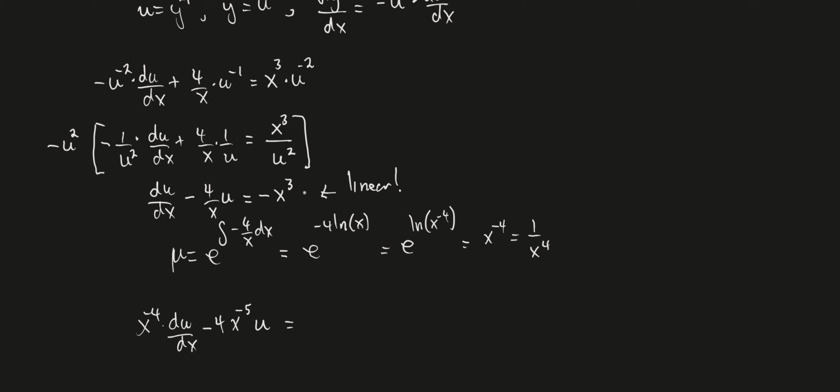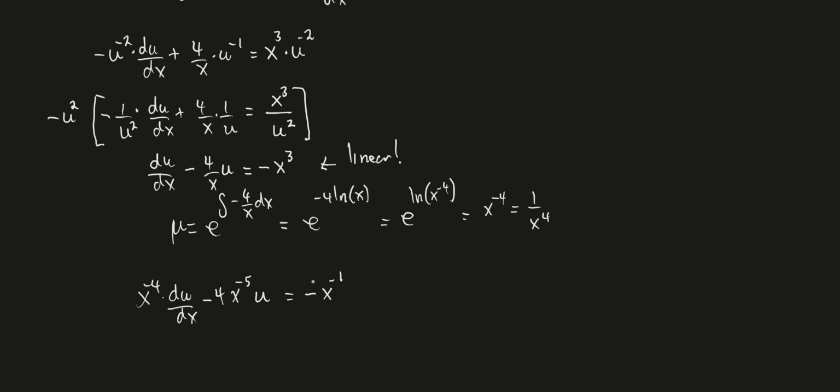And on this side, when I multiply -x cubed times x to the -4th, adding those exponents and keeping the -1 coefficient, I'll have -x to the -1. All right.